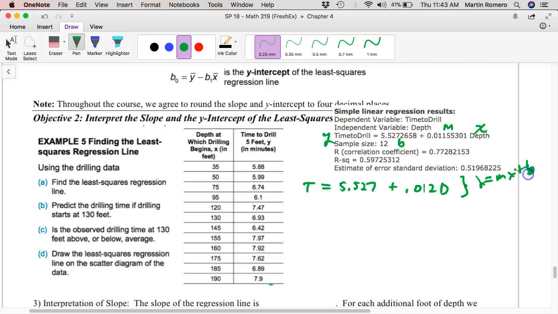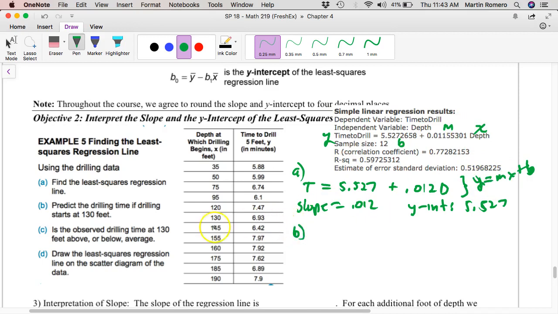In this equation, the slope is equal to 0.012, and the y-intercept, if it means anything, would be 5.527. You've got to go back to our algebra, y equals mx plus b.